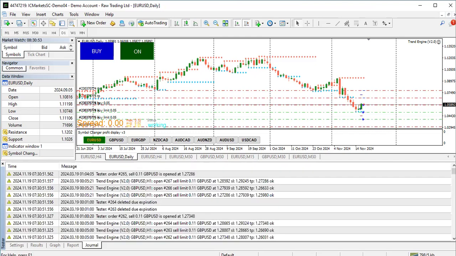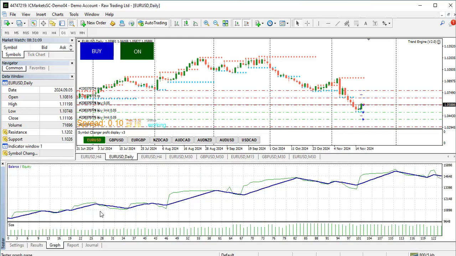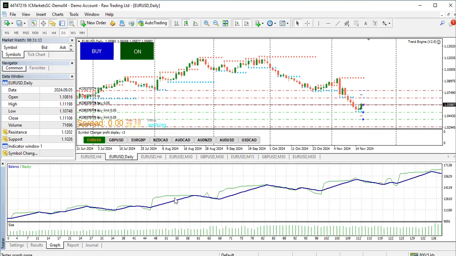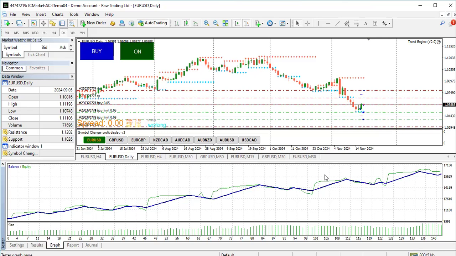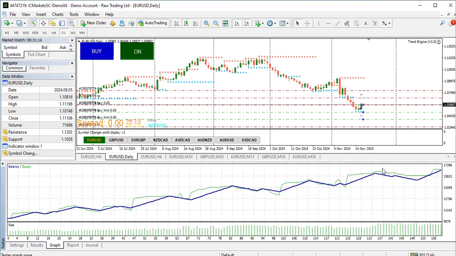All right, so see our trades already being placed, still getting some level of results. Right, if we could look at the graph again, I like the smooth nature of the graph, making higher highs, higher lows. That is the definition of an uptrend, right?